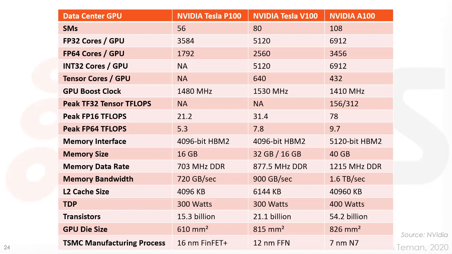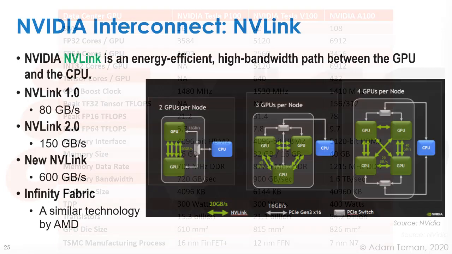The die size got quite a bit bigger, and the number of transistors is 2.5x over what we had in the Volta. More power, a huge cache, so here you see that there's 40 megabytes of cache, and really faster DDR, more memory. Everything got much bigger here for the Ampere. So this is going to make a real difference in the data center.